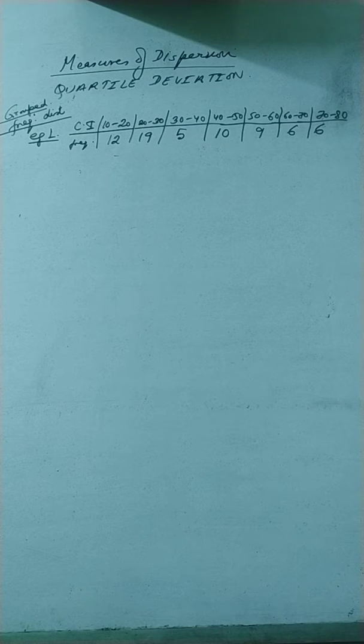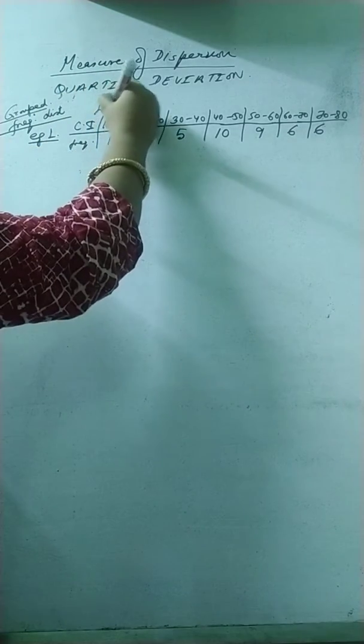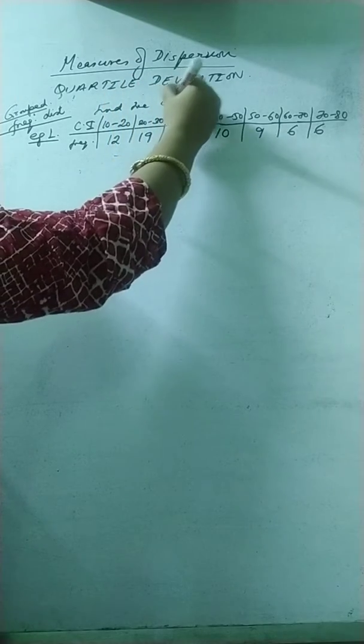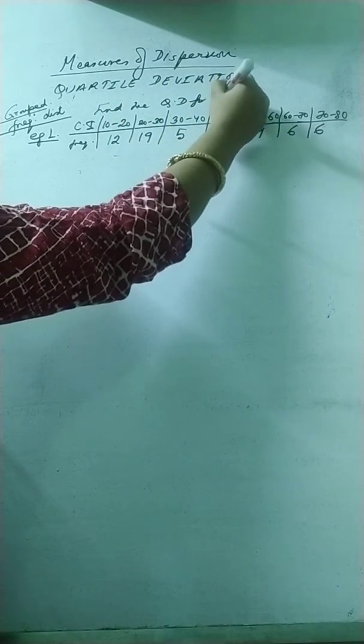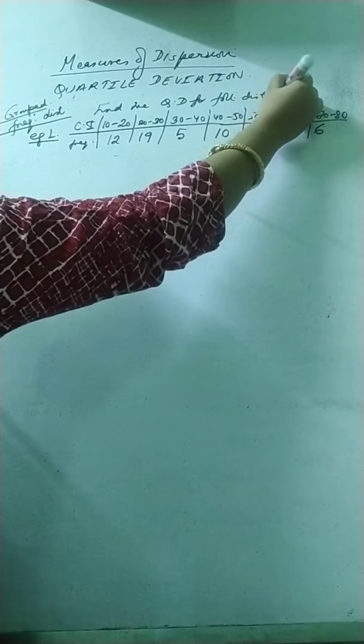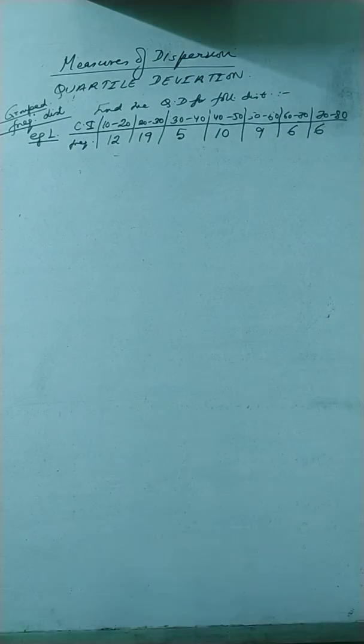So look at the formula that you have written. You will find the quartile deviation. Find the QD for the following distribution. If you look at the formula, what do we have?